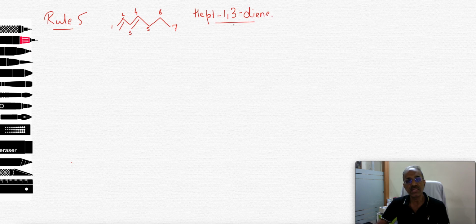Hept, because the root name is heptane, so hept 1,3, first position and third position, is diene, because as I have told you, if the same multiple bond is situated on the parent carbon chain, then it is represented by either di or tri. Fine. We'll take one more.